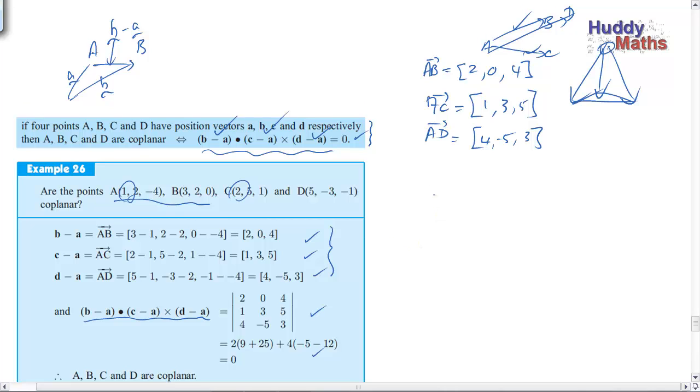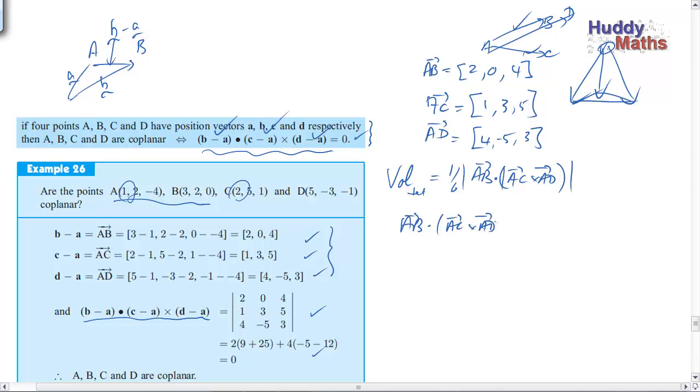So now, the volume of the tetrahedron is equal to a sixth of the size of AB dot AC cross AD. Okay, and so then you work out AB dot AC cross AD.